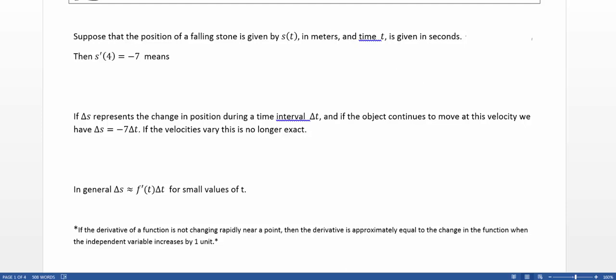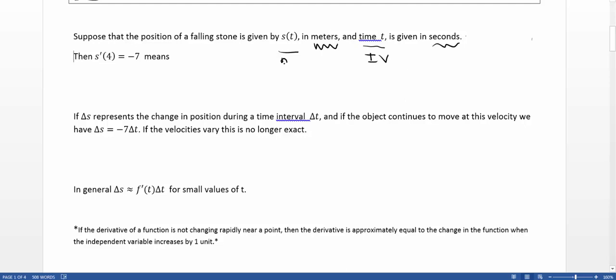Now here, s of t is our dependent variable, and that's given in meters. And time t is our independent variable, and that's given in seconds.